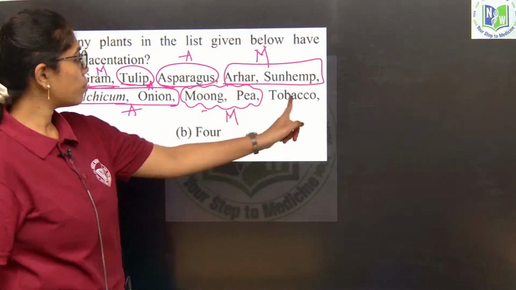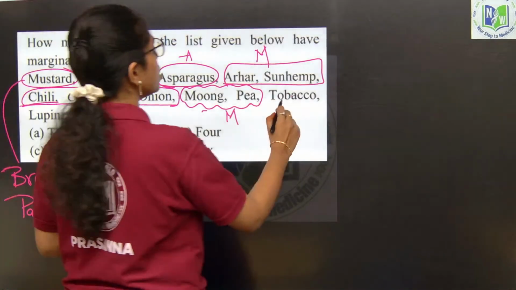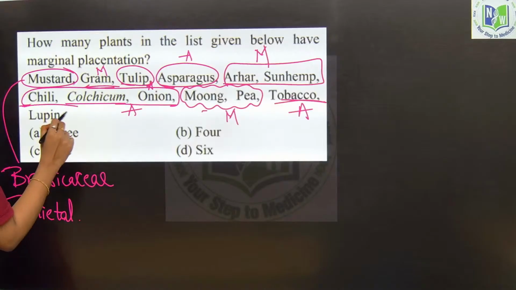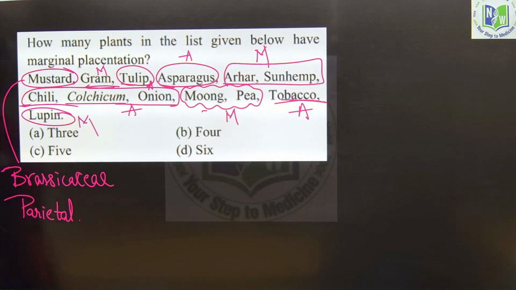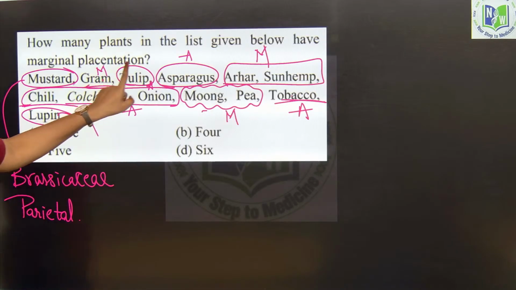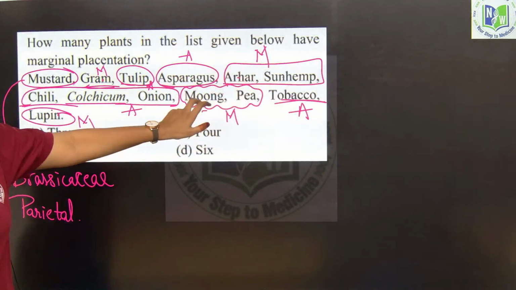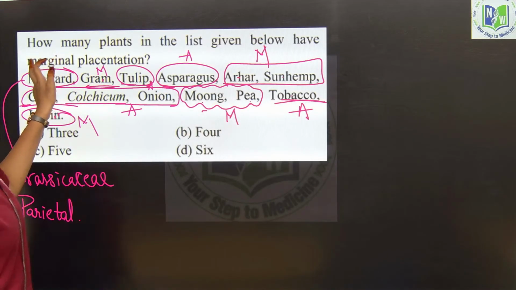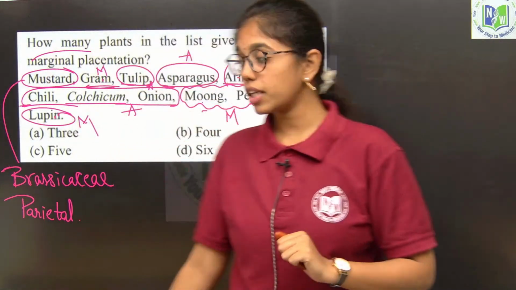Okay. Tobacco, axile placentation, and lupin, which is a Fabaceae member, again it is marginal placentation. So here if you have to look into this multiple options, gram 1, 2, 3, 4, 5 and 6. Of this whole examples, how many of them are showing marginal placentation?